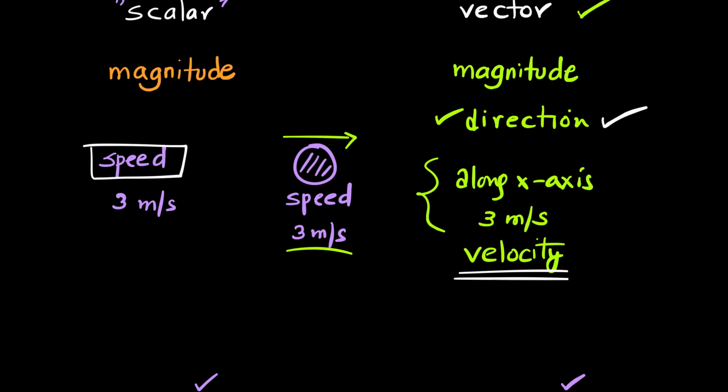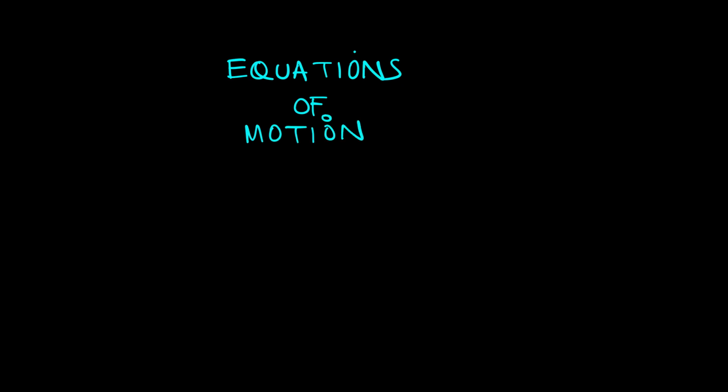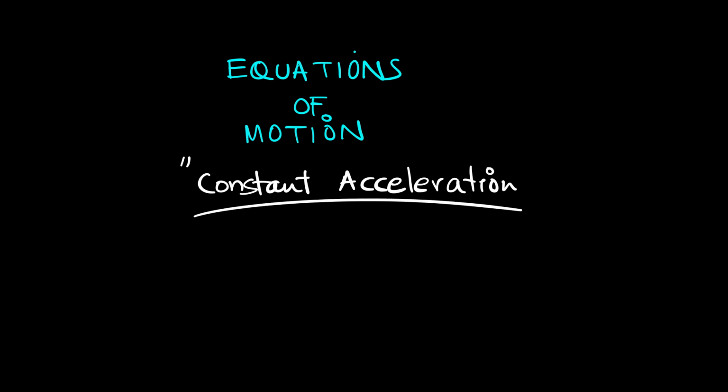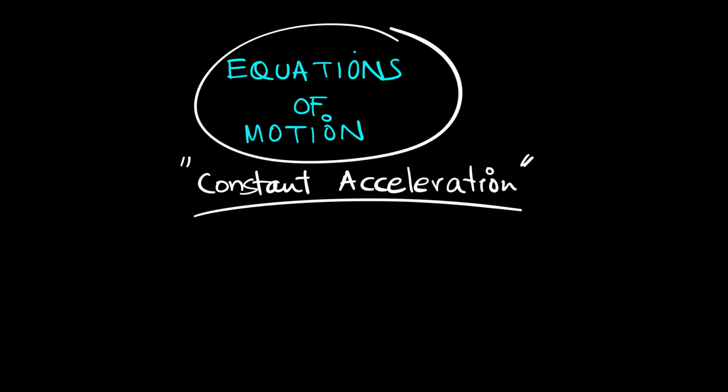Now coming back to our topic, that is about equations of motion. So equations of motion, first of all, is only valid for constant acceleration. If the acceleration is not constant, equations of motion are not valid. So first of all, constant acceleration is a must for us to apply the equations of motion.